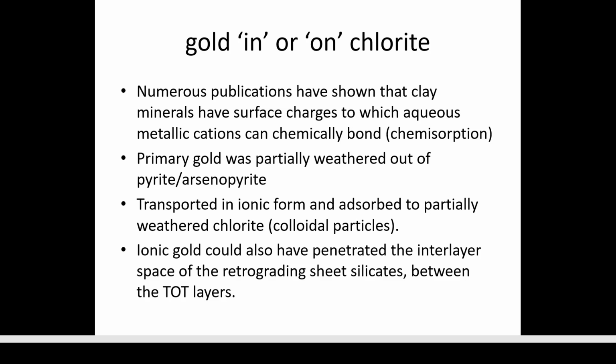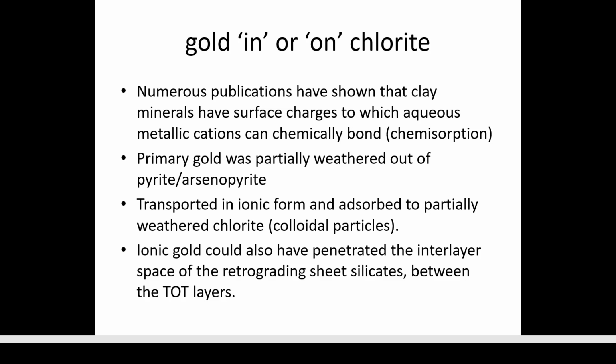And we know that the primary site of gold was in the pyrite and arsenopyrite sulfides. It had been transported and weathered away by groundwater and hydrothermal interaction, and has been transported in ionic form.